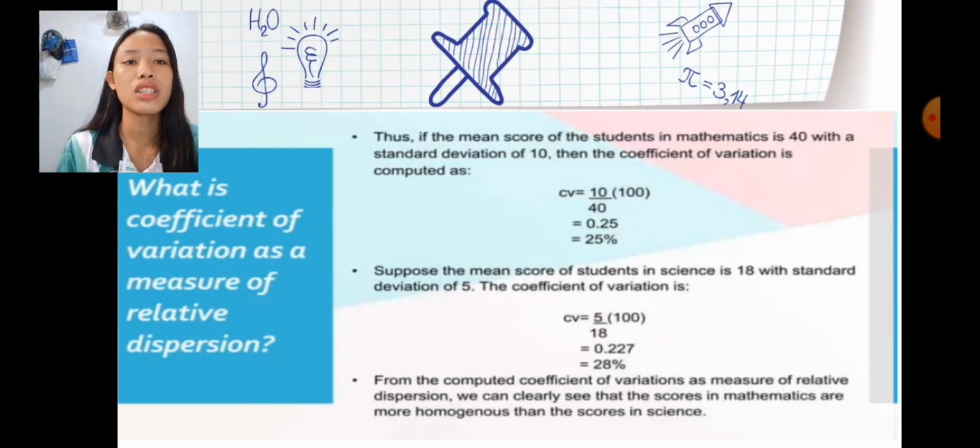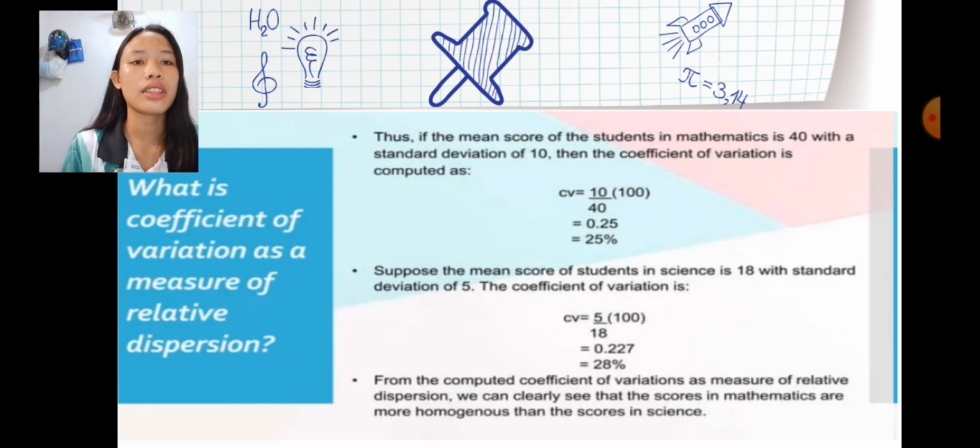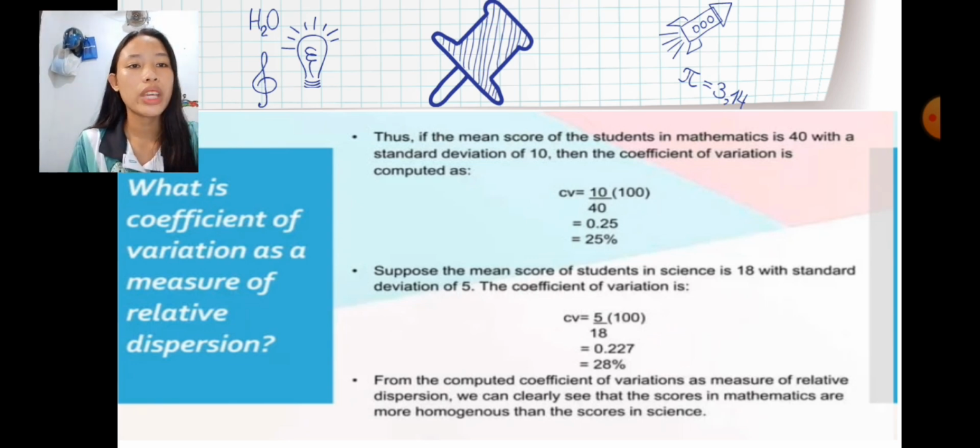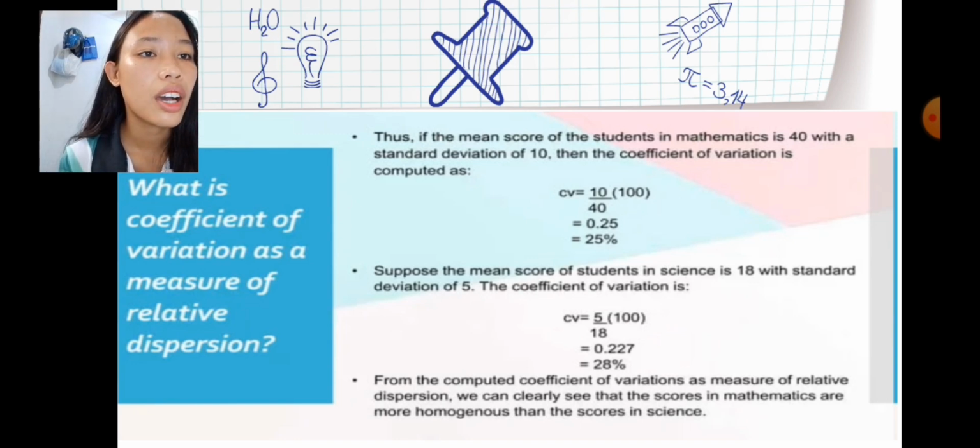Thus, if the mean score of the students in mathematics is 40 with a standard deviation of 10, then the coefficient of variation is computed as follows. The mean score of the students in mathematics is 40, so the coefficient of variation is equal to 10, which is the standard deviation, over 40, the mean score of the students in mathematics, which is equal to 0.25.